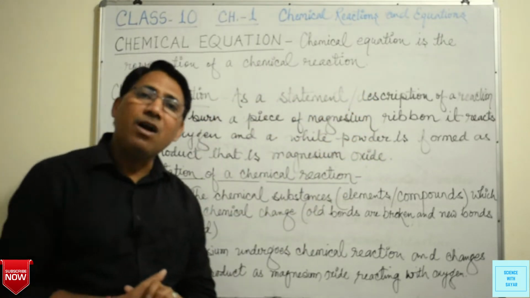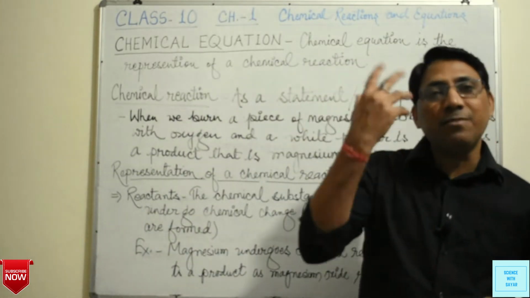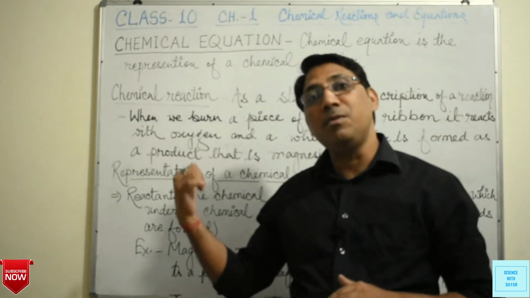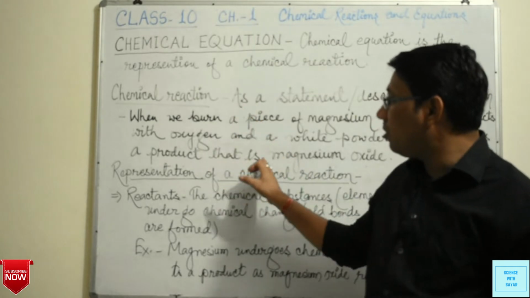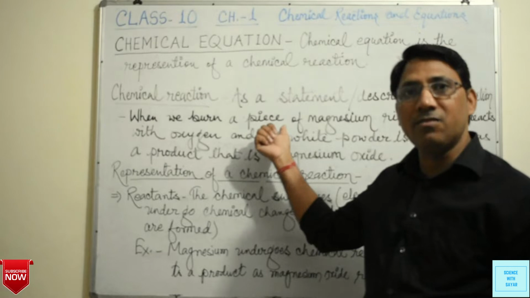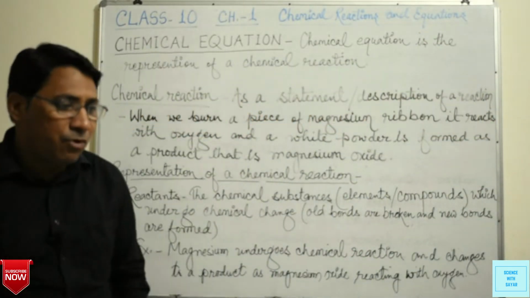And now if we want to explain, if there is a need of writing this chemical so many times, so every time if we write all these 3 or 4 lines or more lines as the chemical reaction, it would be not convenient to us. So what would be convenient?